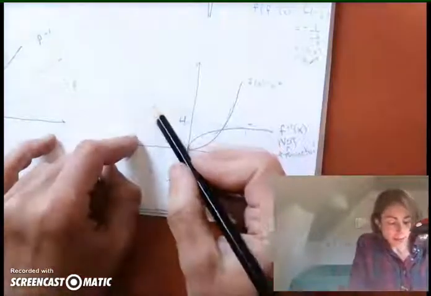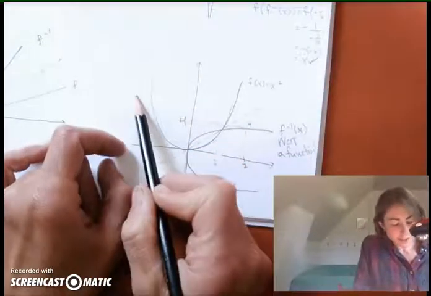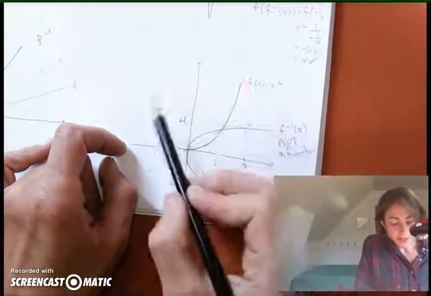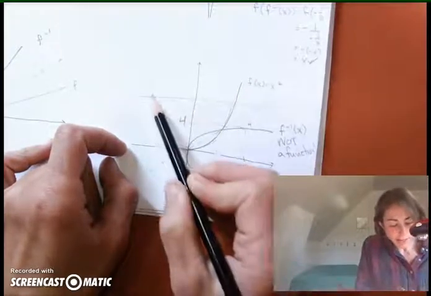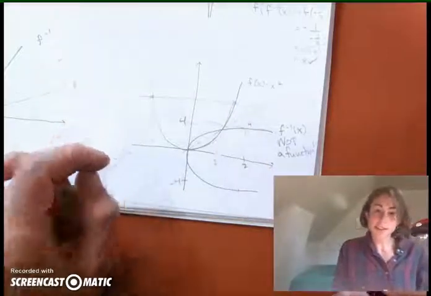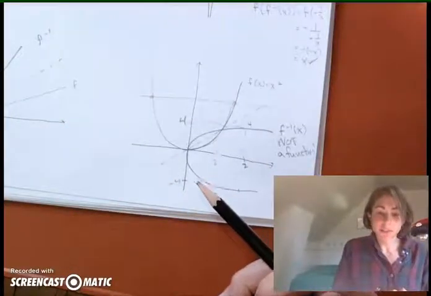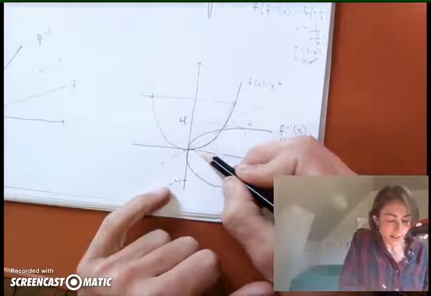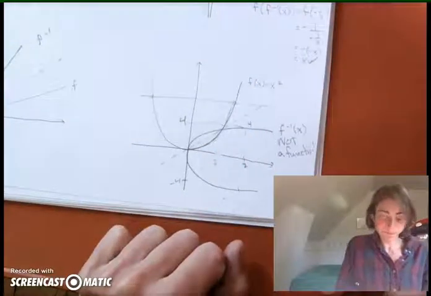So we see why the horizontal line test works. For the function f of x, if we draw a horizontal line, it crosses the function in 2 places. That was supposed to indicate to us that there was no inverse function unless we were to restrict the domain.